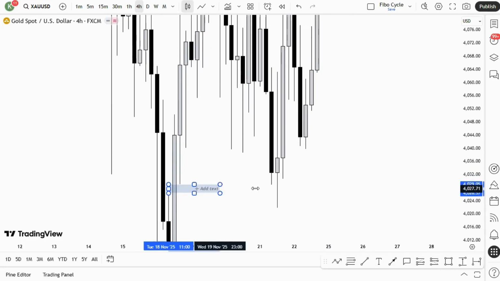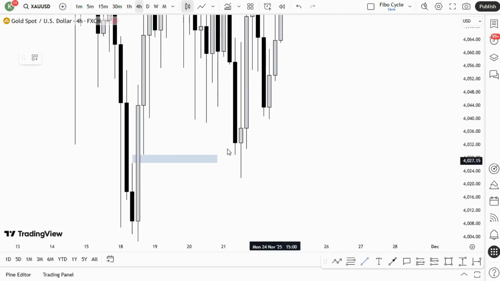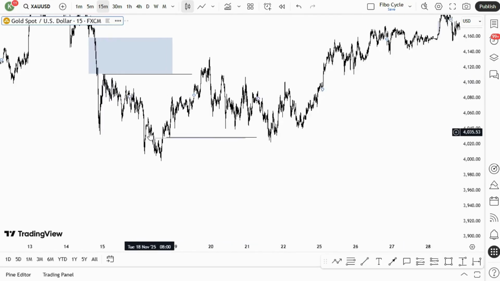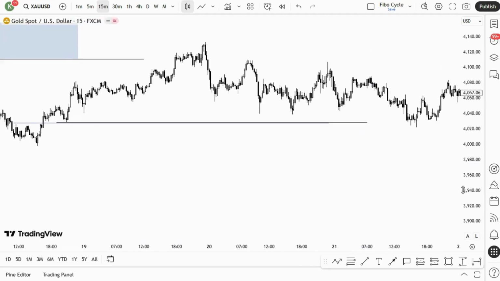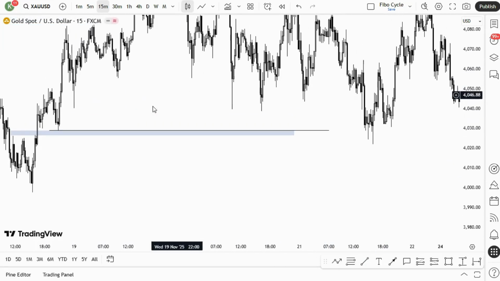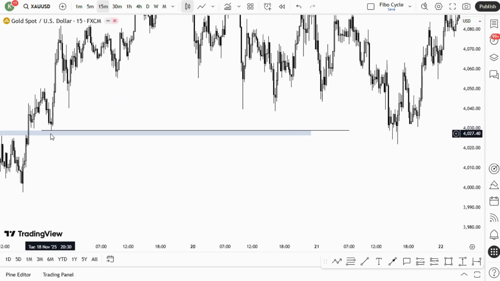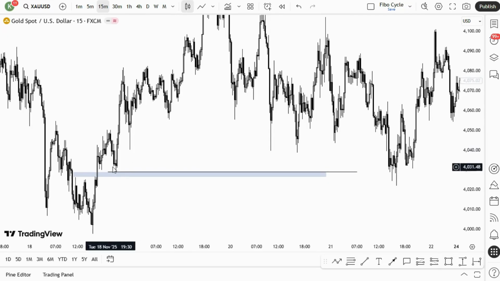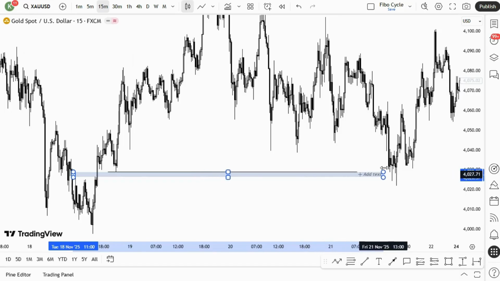Okay, we have a fair value gap here, and if we mark out this low over here and scale down to M15, we can see that price retraced from this intermediate term low, ITL. So price retraced from this intermediate term low and this H4 fair value gap which we have lying over here.